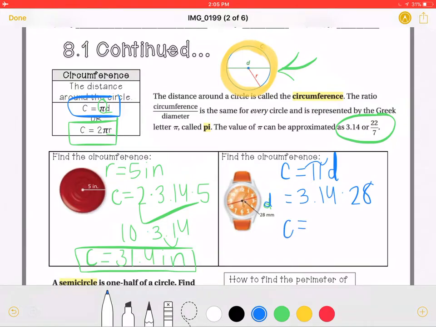So now all you have to do is just multiply these numbers together. So put 3.14 and 28 into your calculator. And we are going to get our circumference to equal about 88. And make sure we have our units. It's going to be 88 meters, or you might want to put exactly what's on your calculator, 87.92 millimeters.